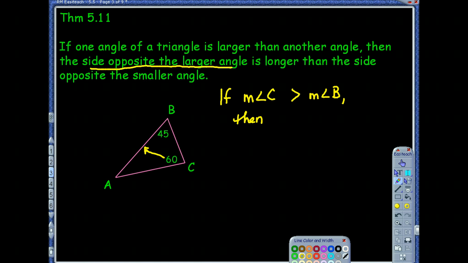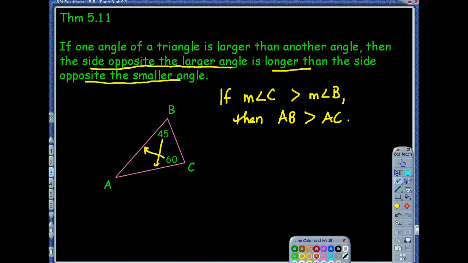Side AB's length is going to be longer than the side opposite the smaller angle, so AB is greater than the measure of AC. Again, you're just relating one angle to another, which means you can relate its opposite side with the other opposite side.